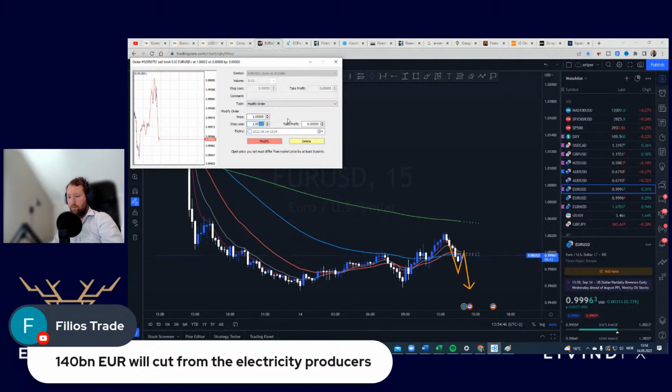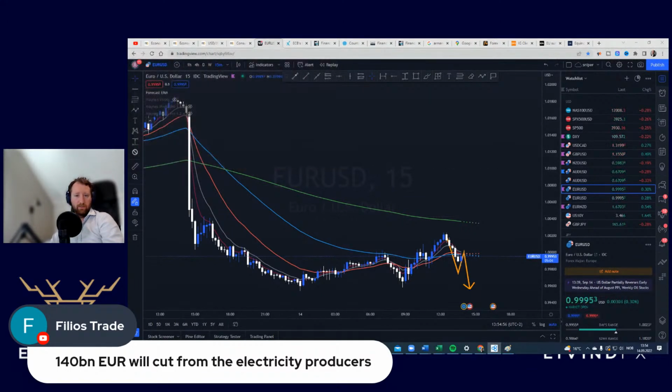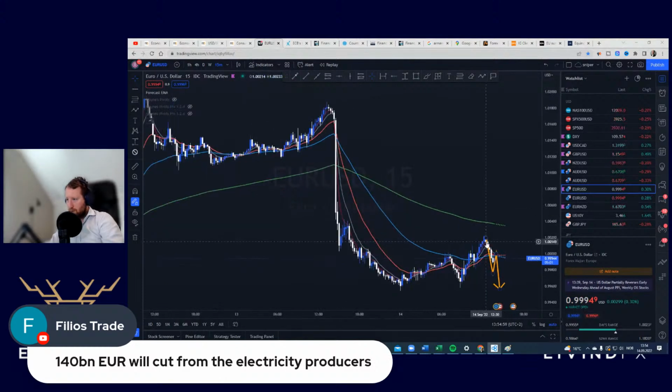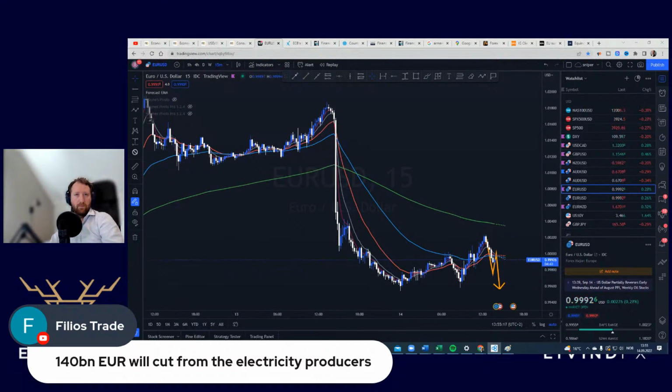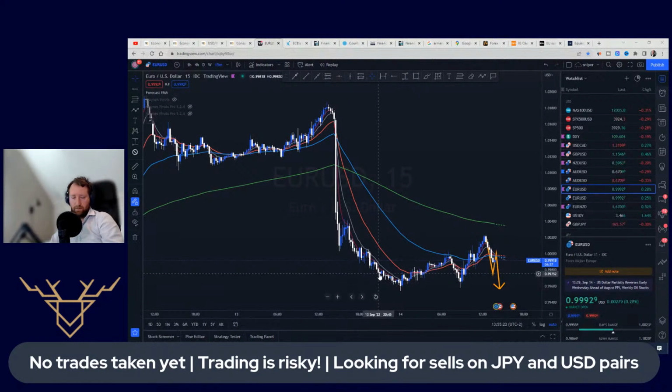I don't know, 1.010. Well, I'm going to want to modify it. I'm just going to put it in there. Stop loss should be 1.0050. So 0.50, I think it is. So that's a limit on one flat. Euro, of course, it's going to pull back now. Yeah, just run away from me.